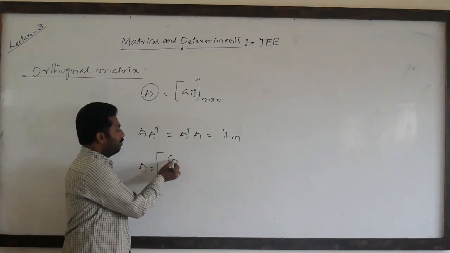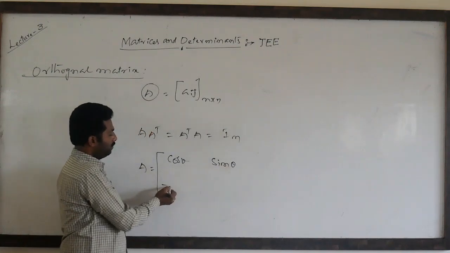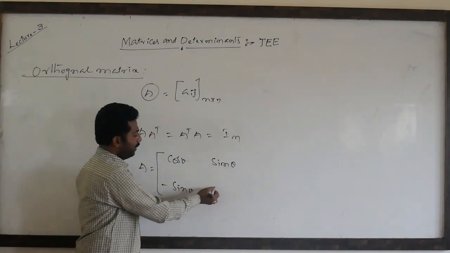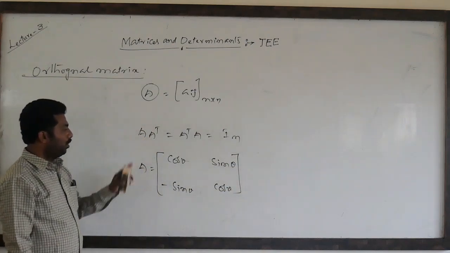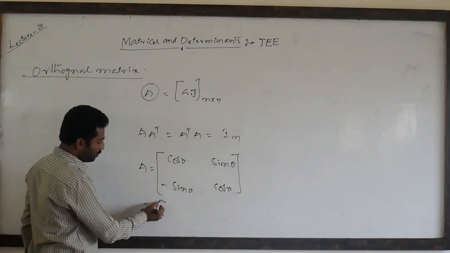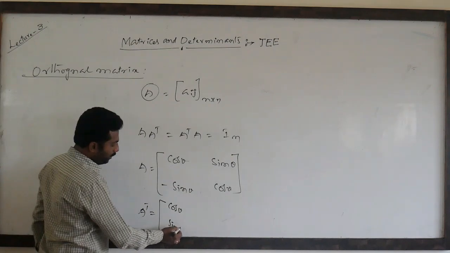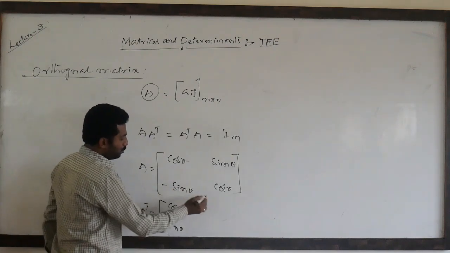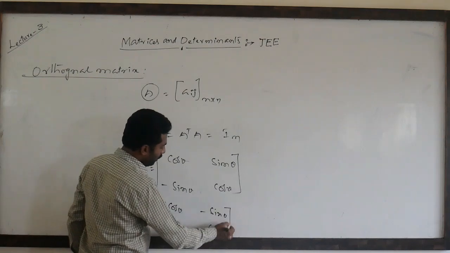One simple example: if A is an orthogonal matrix, I take one example: cos theta, sin theta, minus sin theta, cos theta. You observe, what is A transpose? A transpose has cos theta, sin theta in the first column position, and minus sin theta, cos theta.